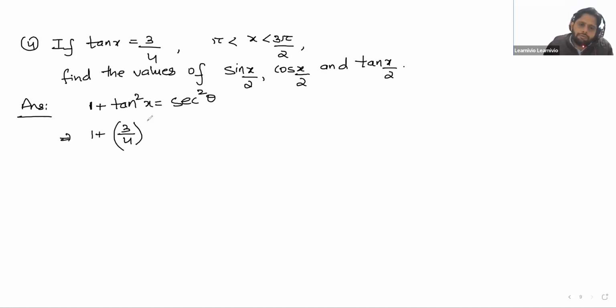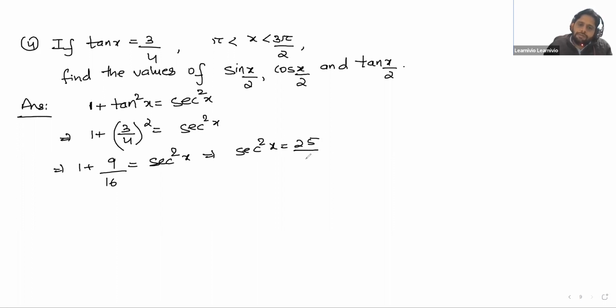Here, with 3 by 4 whole square, this is not theta, this is x, so you write sec square x. So 1 plus 9 by 16 gives you sec square x, and sec square x is equal to 16 plus 9, which is 25 by 16. So sec x you will get plus minus 5 by 4.